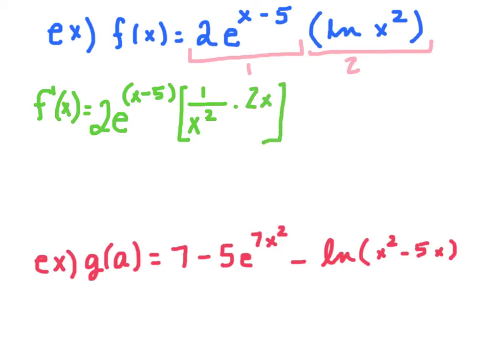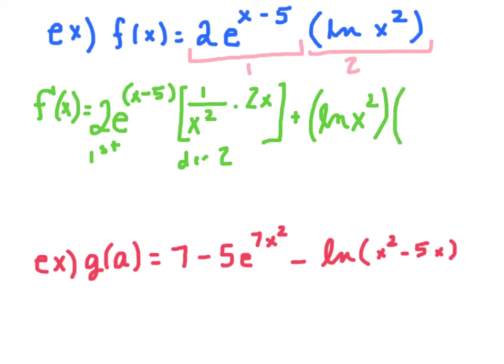So far, I've got the first and the derivative of the second. Now what I want to do is add that to the second, which is ln x squared, times the derivative of the first.